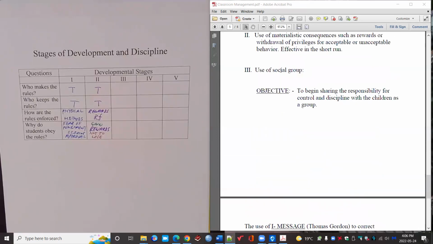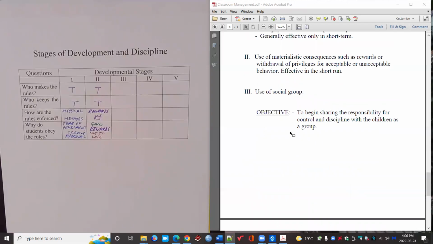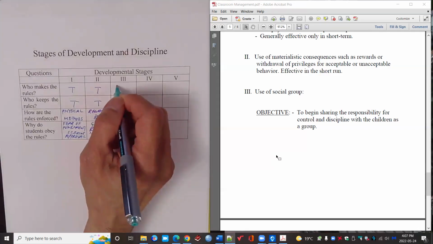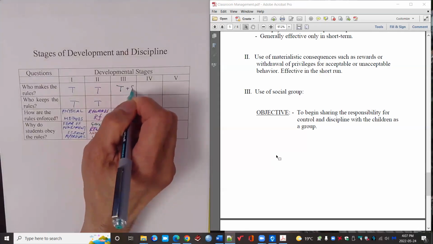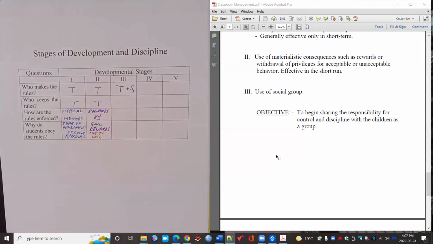All right, so this is group 3, use of the social group. All right, so let's see here. It is very much like Kohlberg's conventional stage 3, right? So who makes the rules? At this point, students are less egocentric. So teacher, and of course, students. Right? If you rely on the social group, who keeps the rules?